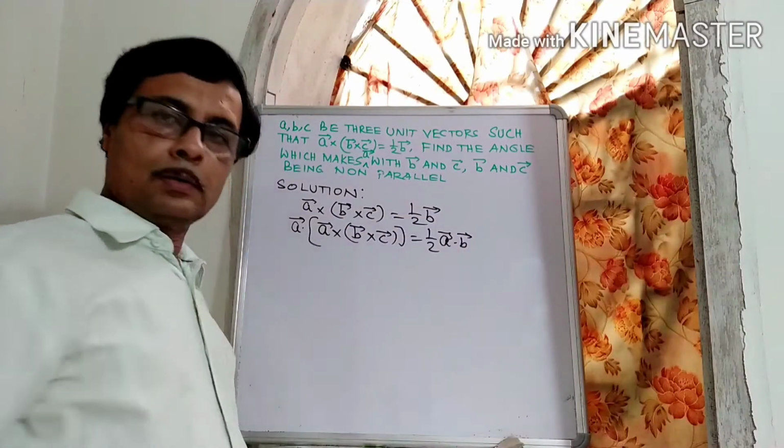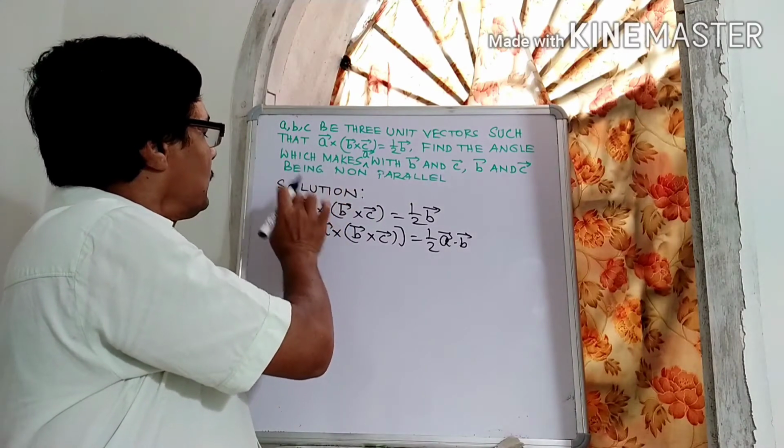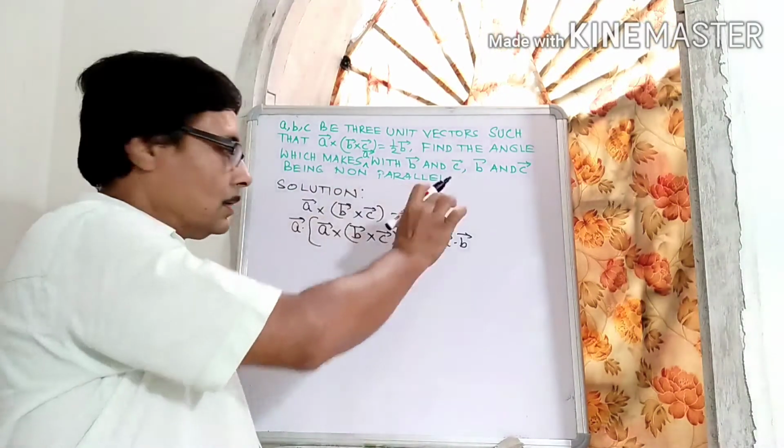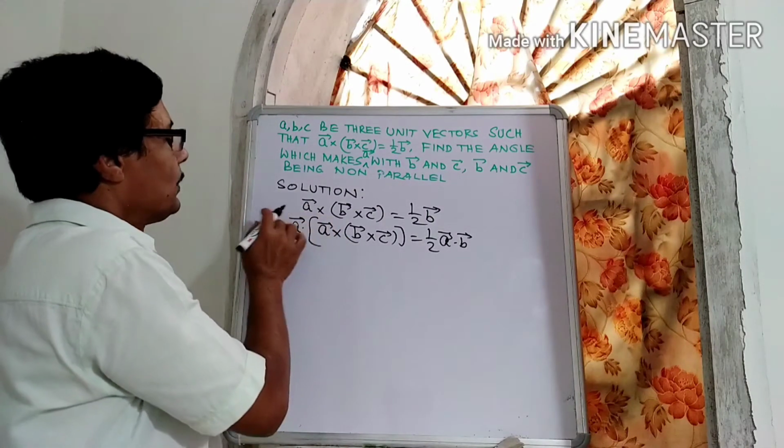We have taken the dot product with A of both sides of the vector equation.